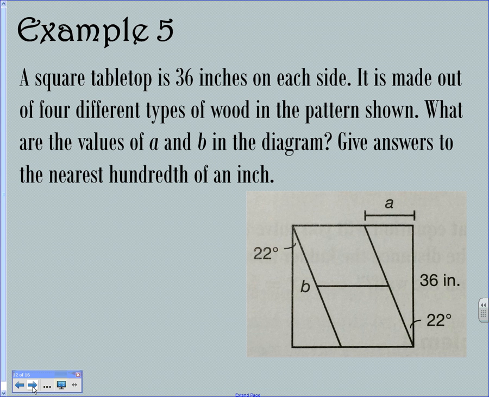We have a square tabletop that's 36 inches on each side. We want to find the value for A and B. So see if you can figure out what A and B would have to equal. B is this length, and A is right there.